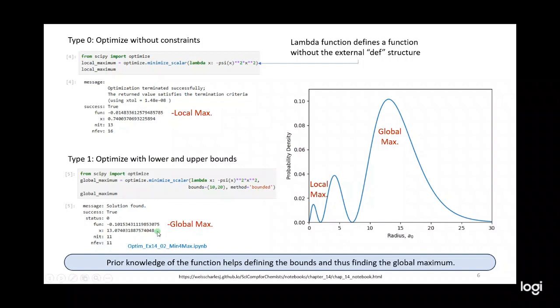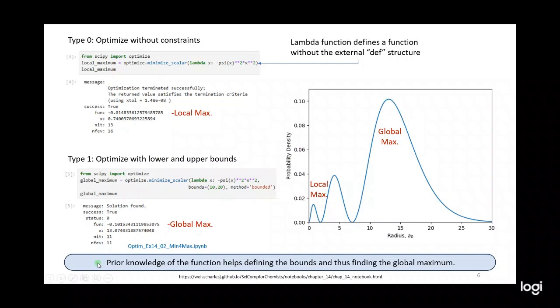Upon execution, the solution is found at x equals 13.074. Looking at the plot, we can confirm that this represents the global minimum for the objective function. In other words, it corresponds to the global maximum for the function.